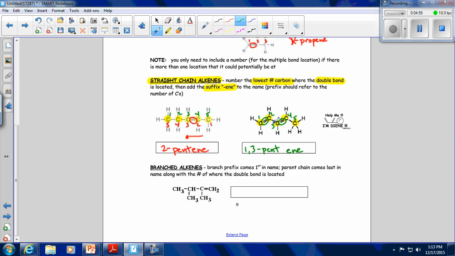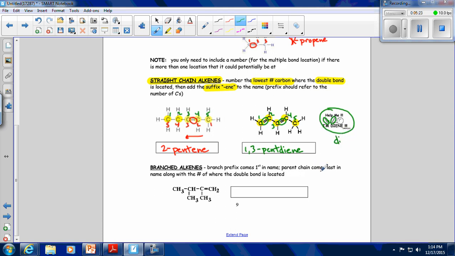We have 2 double bonds here. Prefix for 2 is di. So 1,3-pentadiene. A little reference to a cartoon here. You can see the 2 double bonds here. To make light of the whole situation, it says, help me, I'm dying, which means it has 2 double bonds. A little chemistry humor there for you.